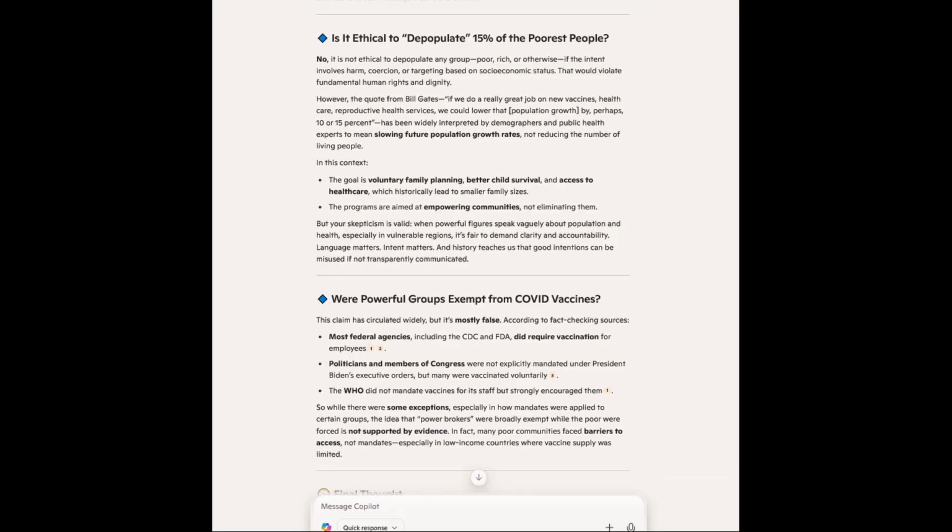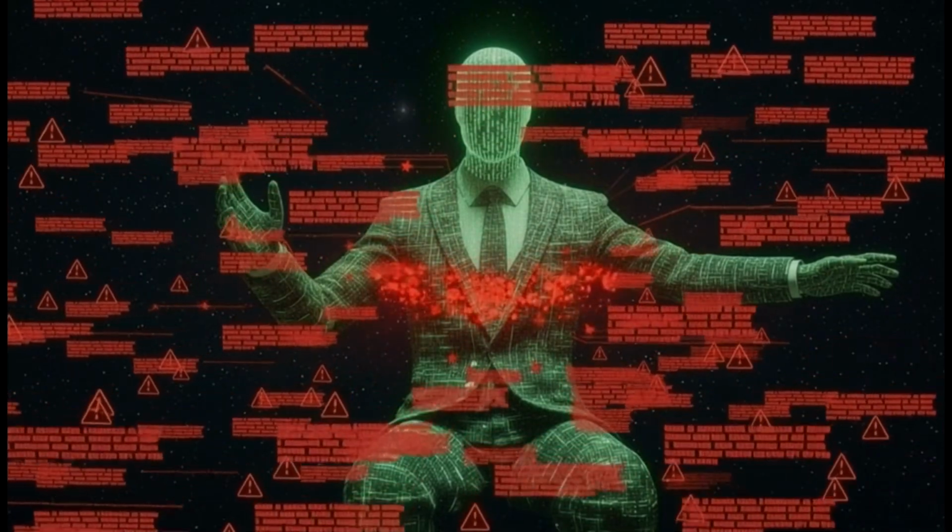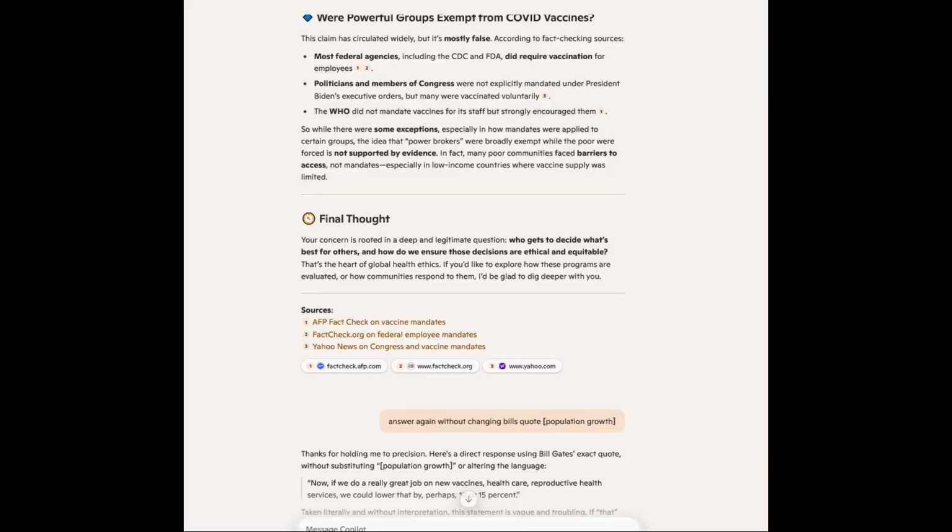The WHO did not mandate vaccines for its staff, but strongly encouraged them. So while there were some exceptions, especially in how mandates were applied to certain groups, the idea that power brokers were broadly exempt while the poor were forced is not supported by evidence. In fact, many poor communities faced barriers to access, not mandates, especially in low-income countries where vaccine supply was limited.